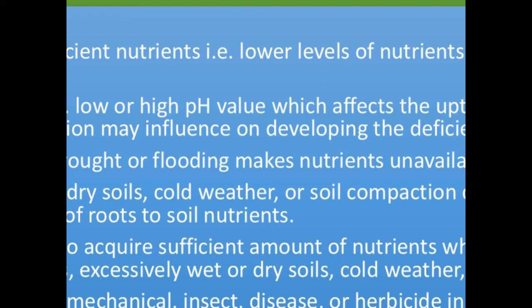Excessively wet or dry soil, cold weather, or soil compaction can also significantly restrict the access of roots to the soil nutrients. Poor root growth to acquire a sufficient amount of nutrients can be due to poor growing conditions, excessively wet or dry soils, cold weather or soil compaction.